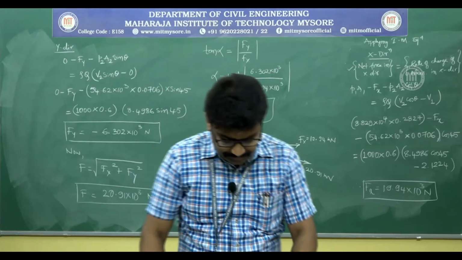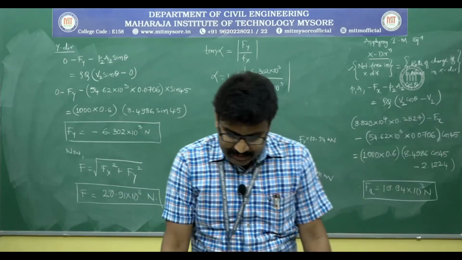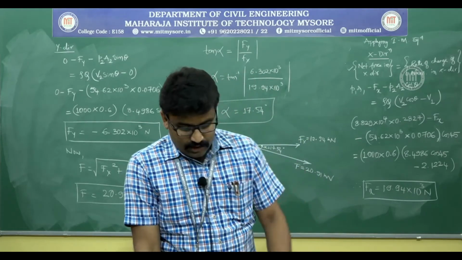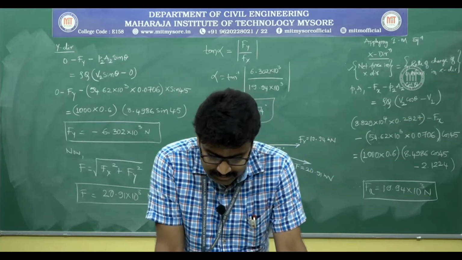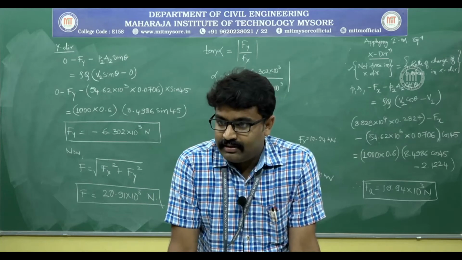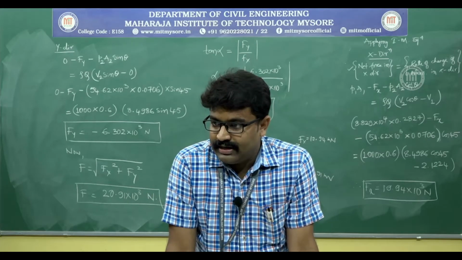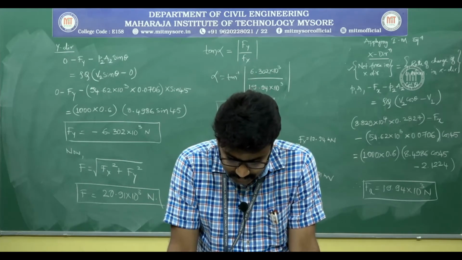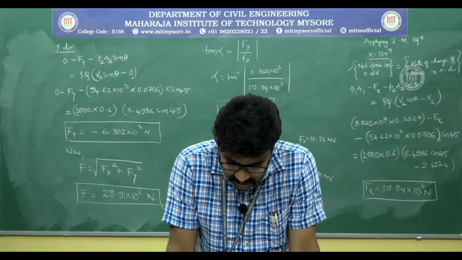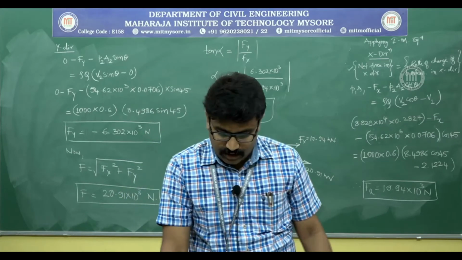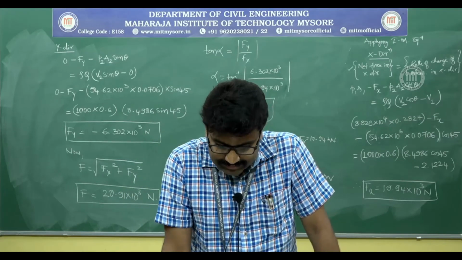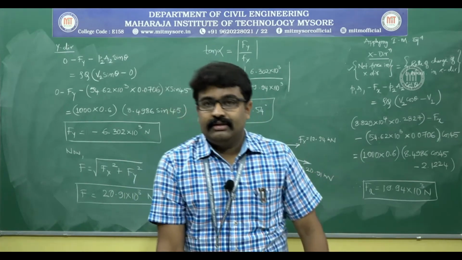Take the next problem. 250 liter per second of water is flowing in a pipe having diameter of 300 millimeter.